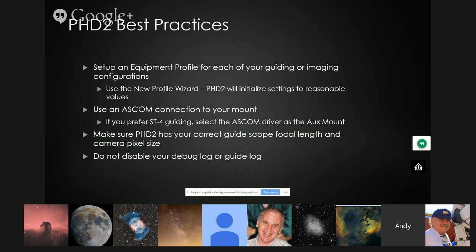We realized that some people still need to use an ST4 connection to their mount. Usually that's because it's an older mount that doesn't have a very good ASCOM pulse guide capability. And we've covered that by allowing this thing we call the auxiliary mount or aux mount. Let me show you where that is in PHD2.